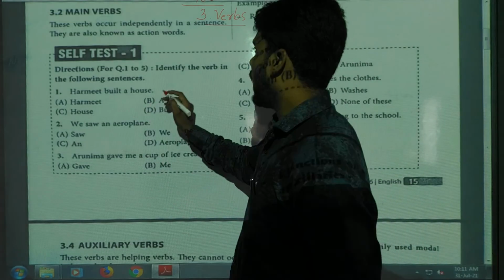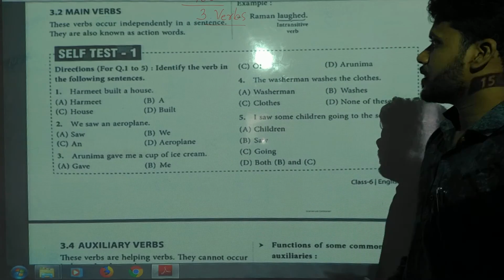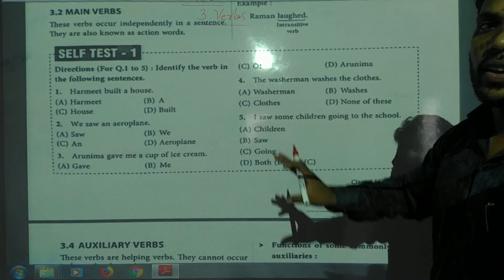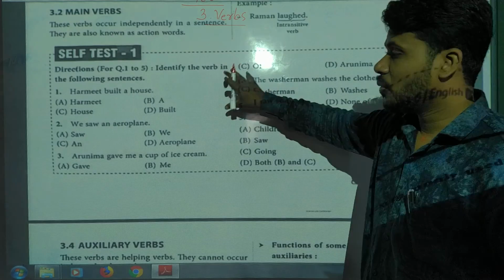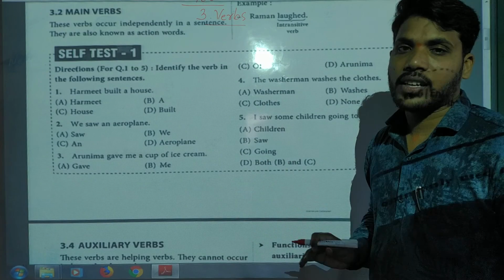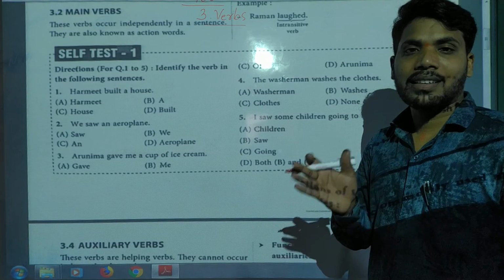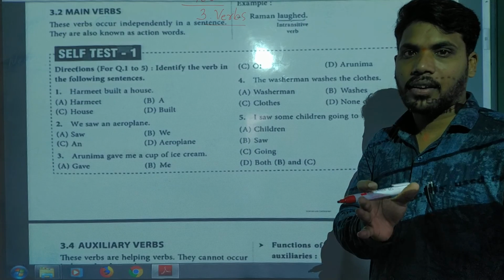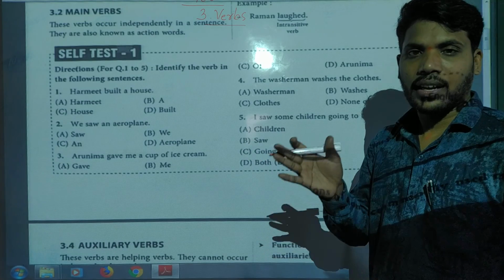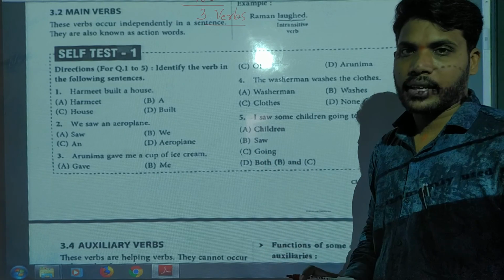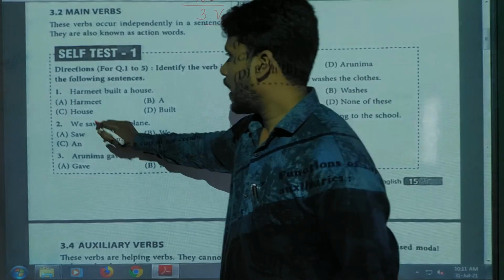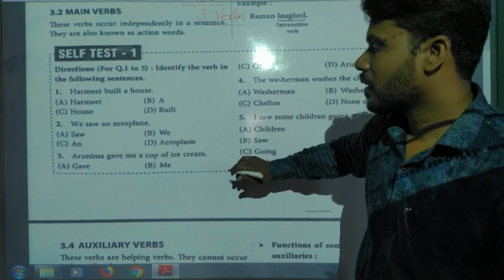Okay, so we can complete it now. See, directions: identify the verb in the following sentences. Verb means what? It is an action. Verb is showing an action or state of being. So first one, Harmeet built a house.